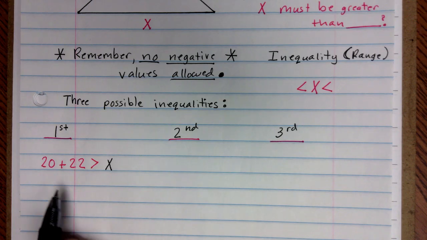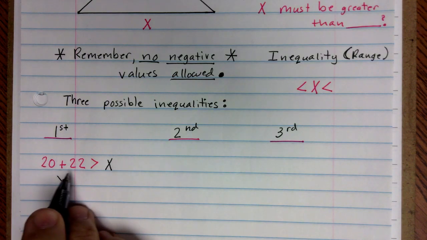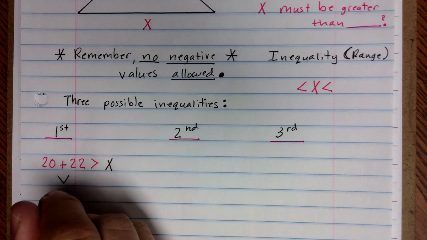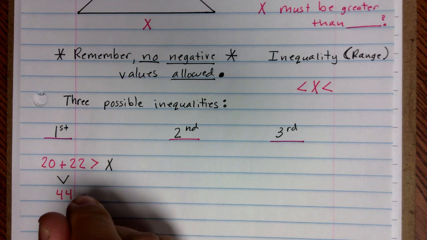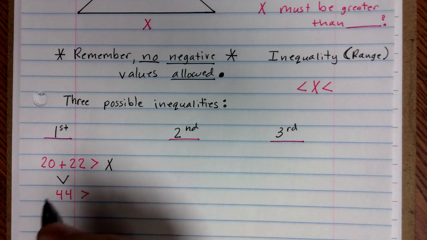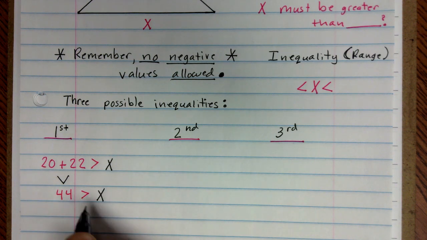So from this point, I'm going to combine them. So 20 plus 22 gives me 44. So I have 44 is greater than x. So this is going to be part of my inequality.